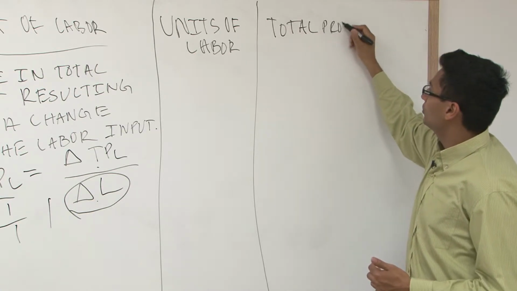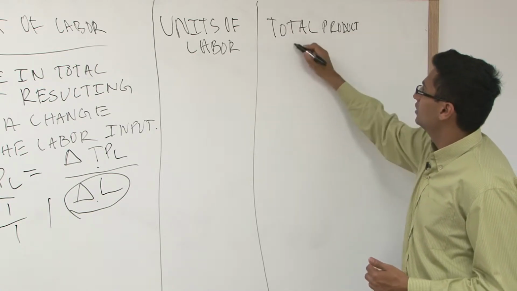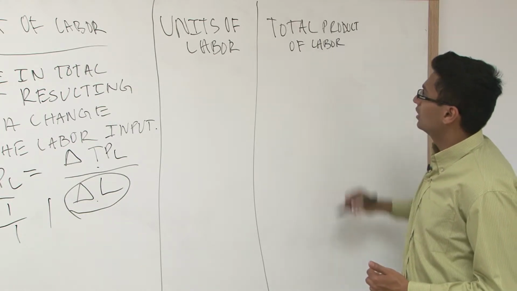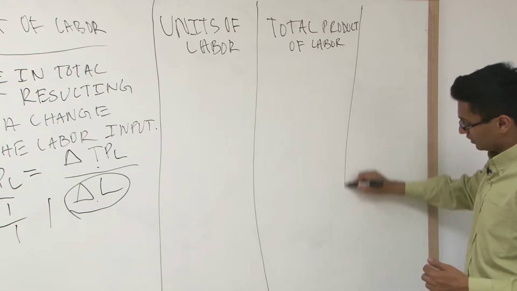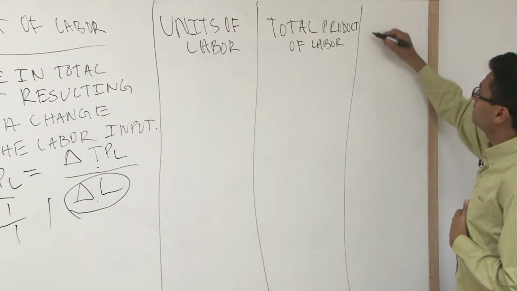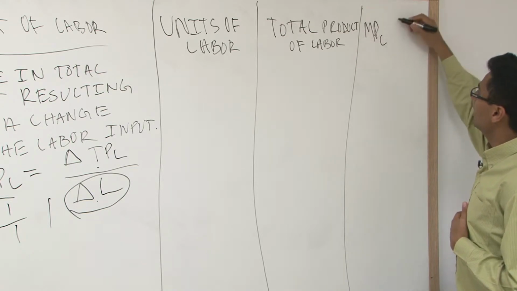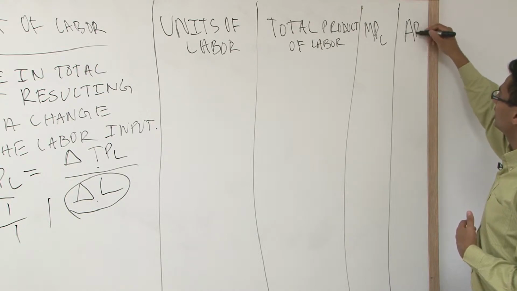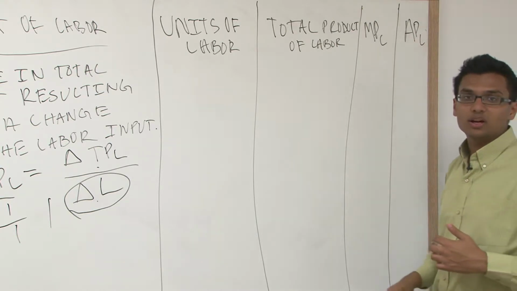That's the second one. The third one you can probably guess is MPL, and the fourth one is going to be APL. I apologize because these are becoming shorter and shorter, but I'll make sure the numbers are clear.